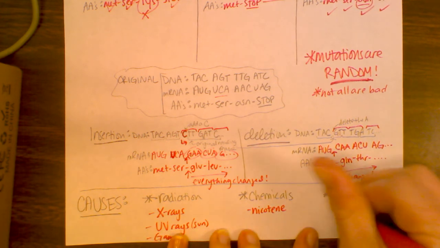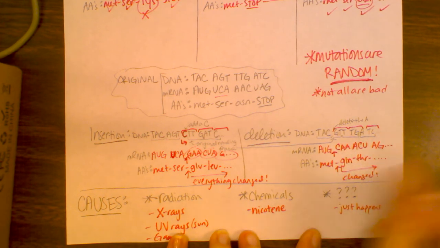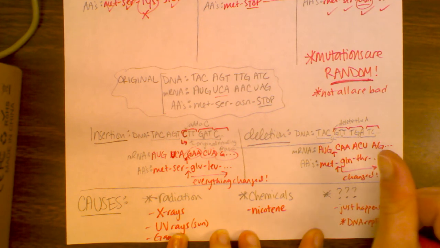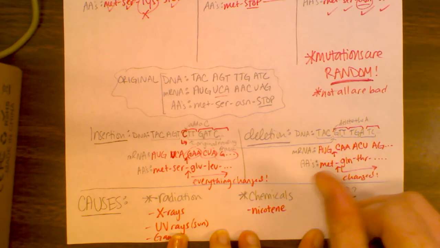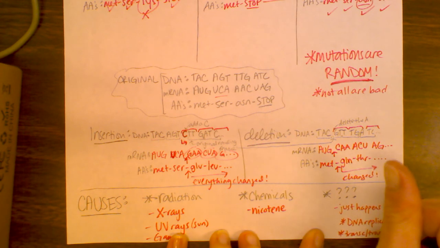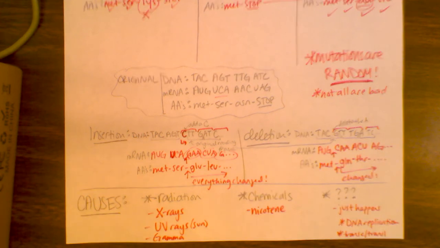And then sometimes it just happens. During DNA replication or transcription and translation, something just happens and it just does something wrong. And it just happens.